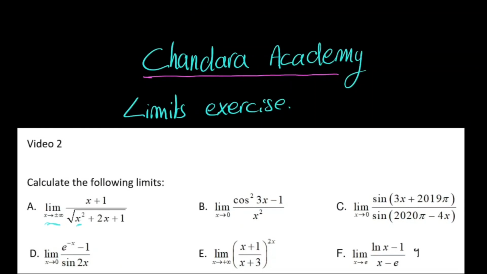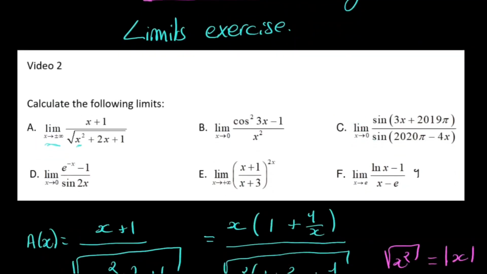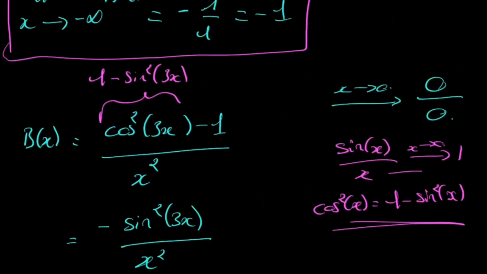Now, third limit. C, we've got the limit when x tends to 0 of sine of (3x plus 2019 pi) over sine of (2020 pi minus 4x).